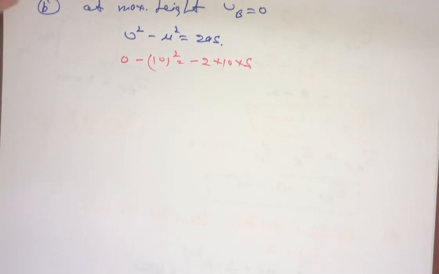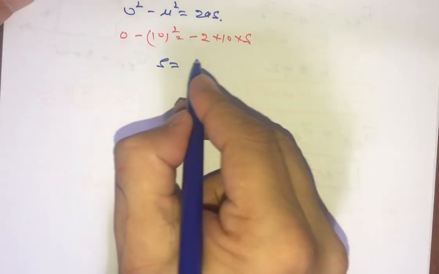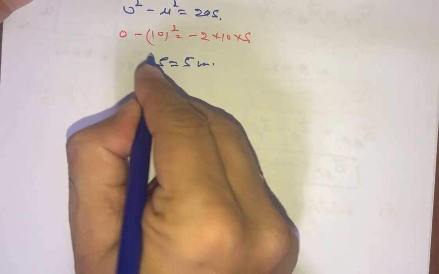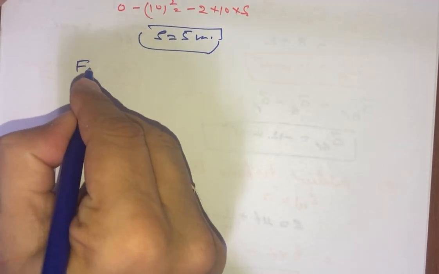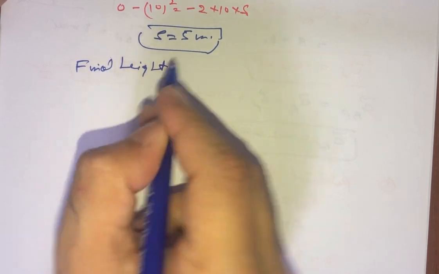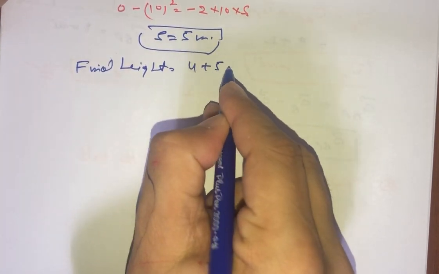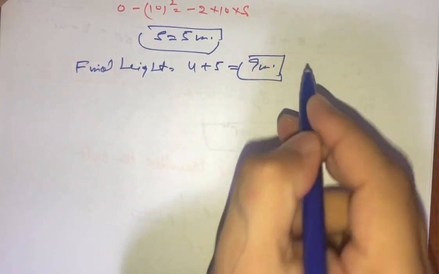From here we find s will be equal to 5 meters, and so the final height will be 4 plus 5, that is equal to 9 meters.